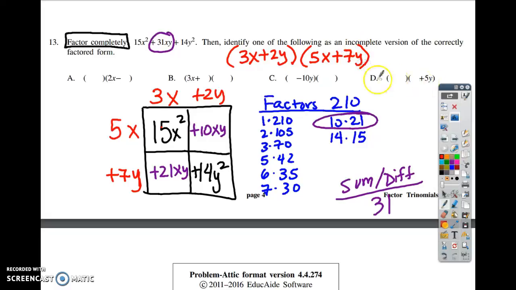So if I had to use one of these, it would have to be B, because I can say 3x plus 2y and 5x plus 7y. So this is exactly like what I got here. And that's how you need to do it on the test as well.